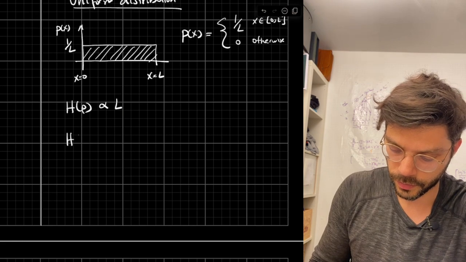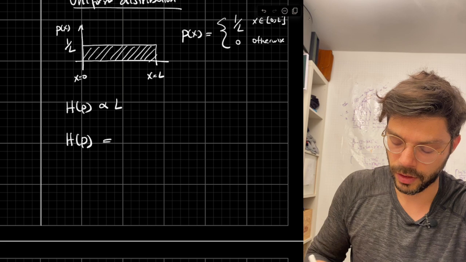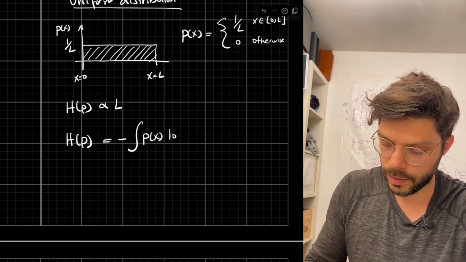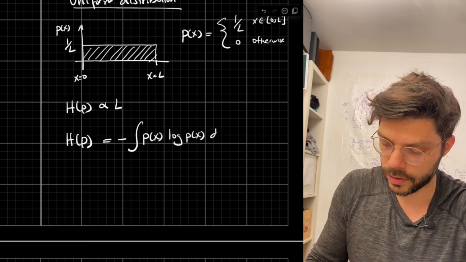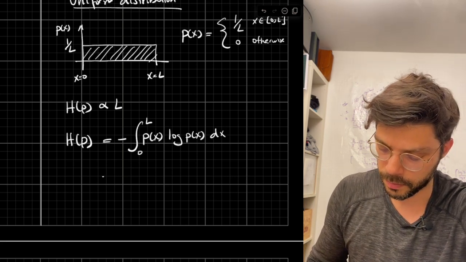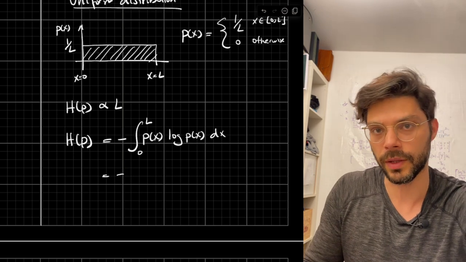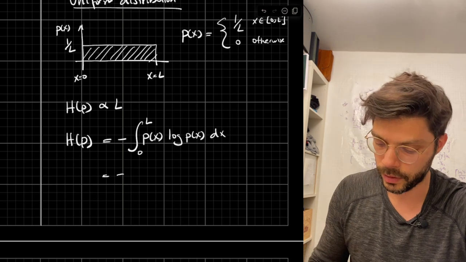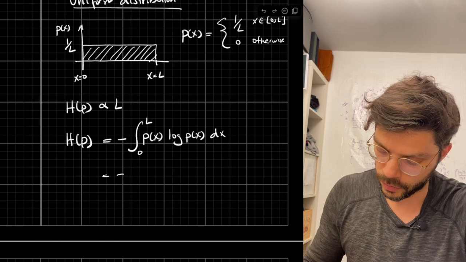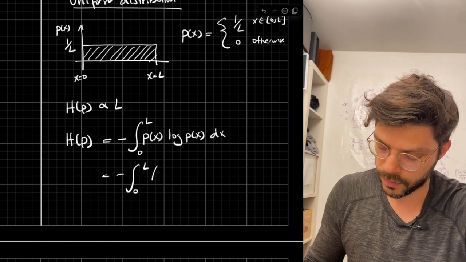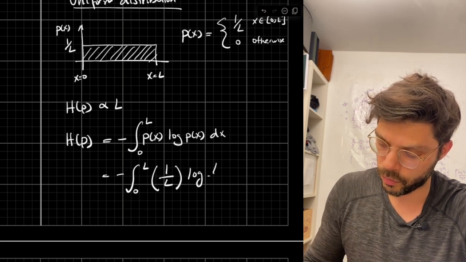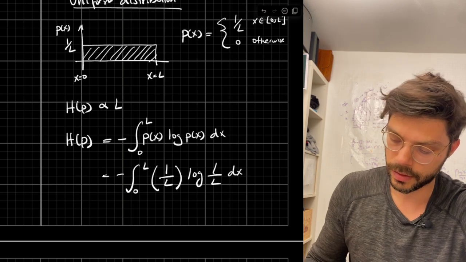It's going to equal, remember, minus the integral of p of x times log of p of x dx. And our domain was going from 0 to L. And we have just said we've got the expression up there that p of x is 1 over L. So it's going to be the integral from 0 to L of 1 over L times log of 1 over L dx.